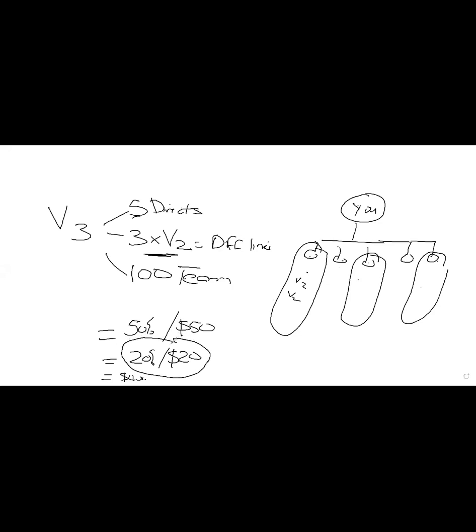Because remember, if you are a V3, it means you have V2s. Let's just say you have a V2 in this line, and then you have another V2 here and another V2 here. In terms of ensuring there is sustainability when it comes to the commission, remember, the company only has $100 to split amongst the network.